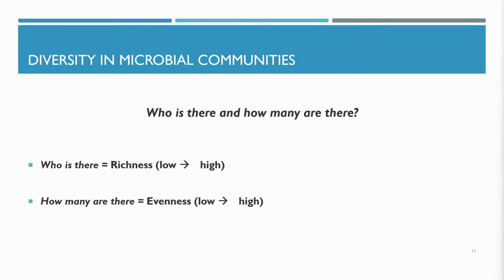So these are two sides of the same coin. There are many different metrics that have been developed that ask slightly different versions of these questions that help us really understand who is there and how many are there. But it's important to know these terms, richness and evenness, and how they apply.